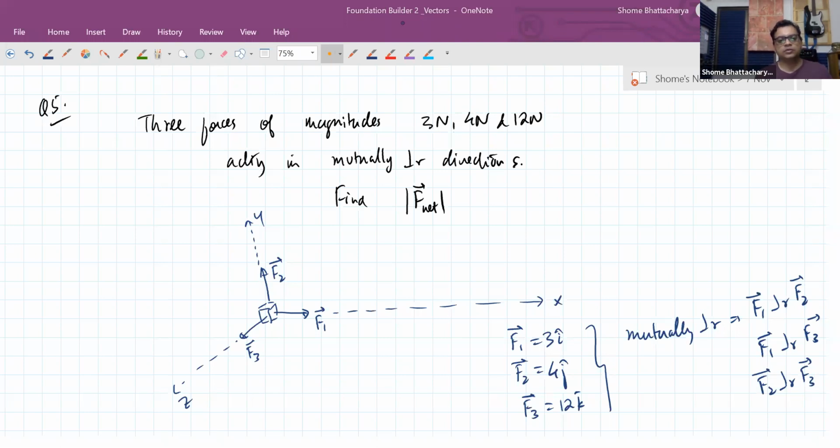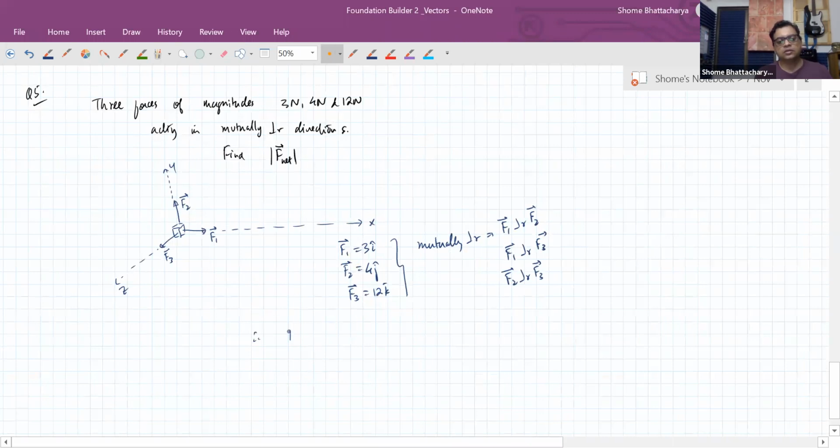Okay. So now the resultant of this, the net force, is the vector sum of this. So therefore, the net resultant of these three forces is F1 plus F2 plus F3. So we have to just do the vector addition in component form and then find the magnitude, for which we have the formula. The magnitude of a three-dimensional vector we know is square root of, so this is the net force. Okay.